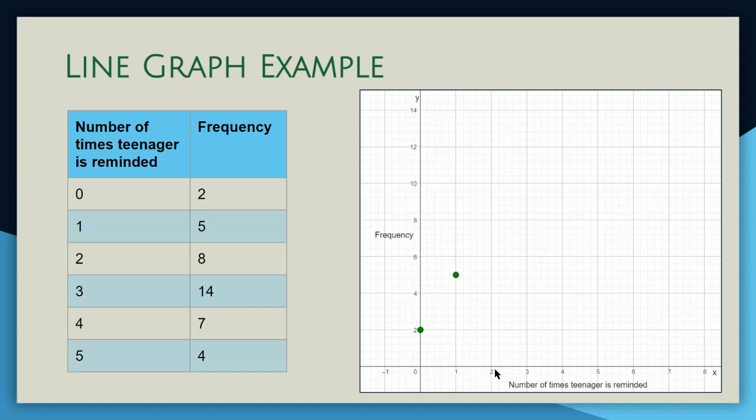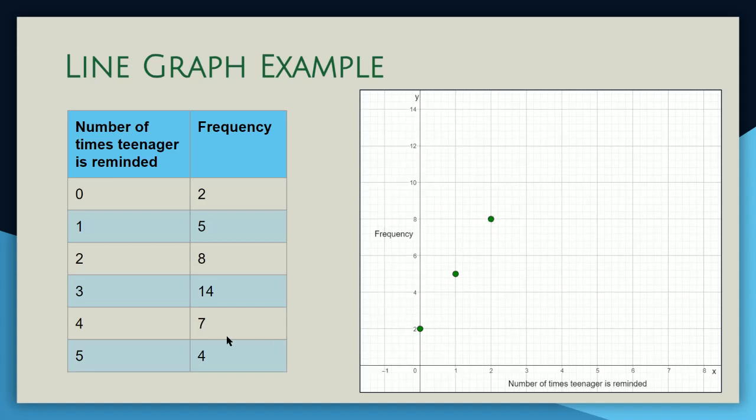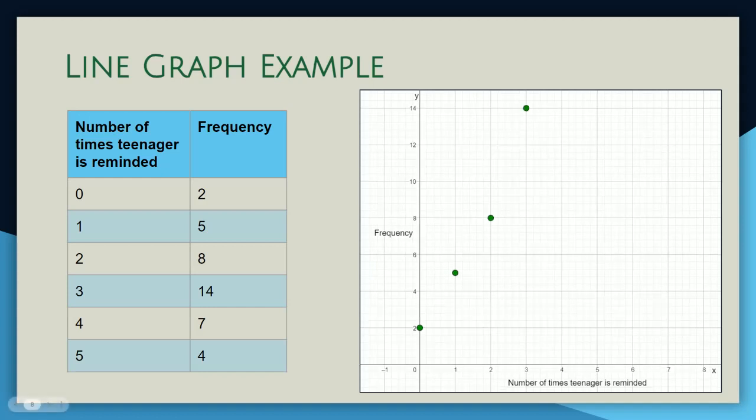Next one is over 2, up 8. And then over 3, and all the way up to 14. Over 4 and up 7, and then over 5 up 4.